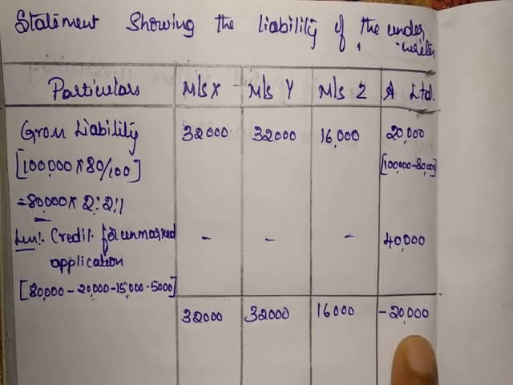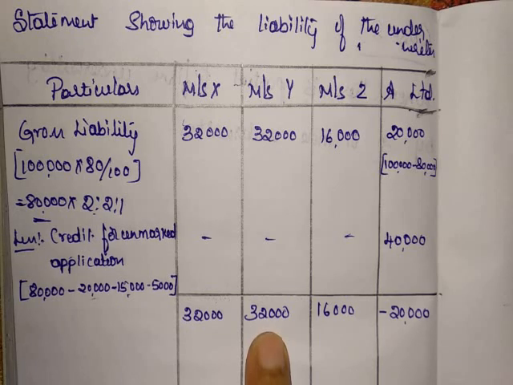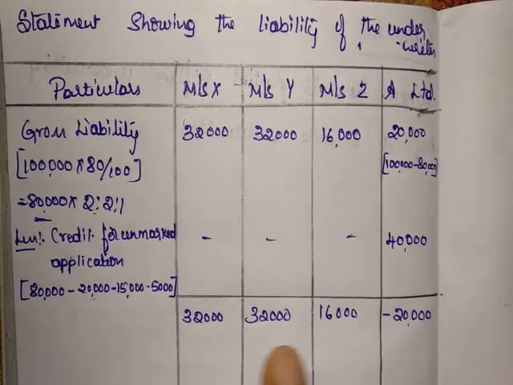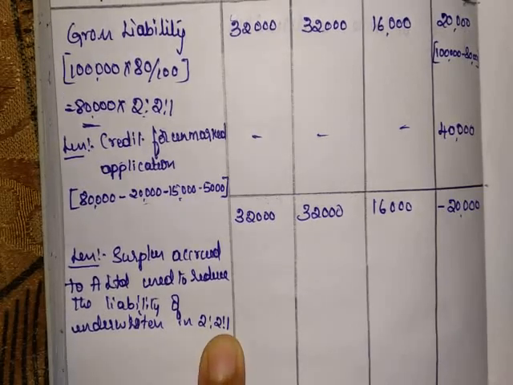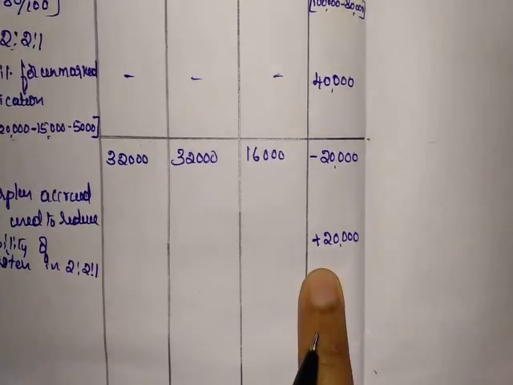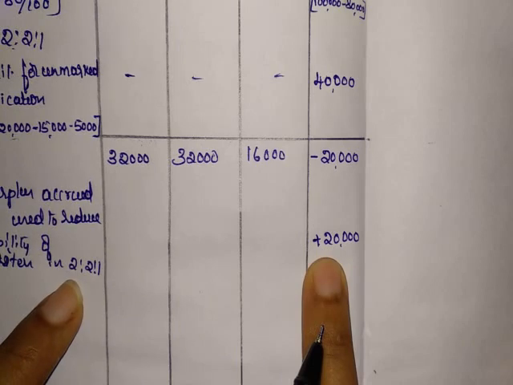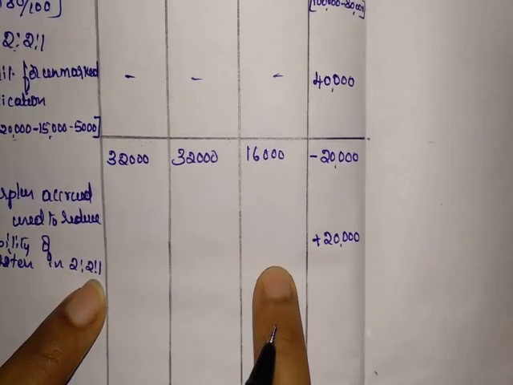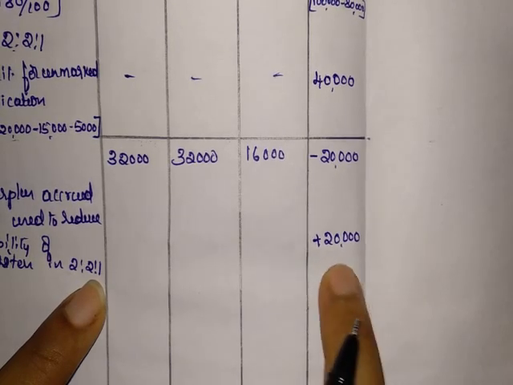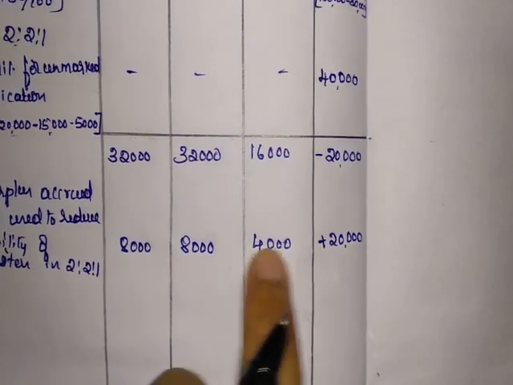That surplus we have to credit to the underwriters in order to reduce their liability in the 2:2:1 ratio. Total surplus is 20,000. 20,000 into 2 by 5, 20,000 into 2 by 5 and 20,000 into 1 by 5. In that way we share this surplus. That is 8,000, 8,000 and 4,000.